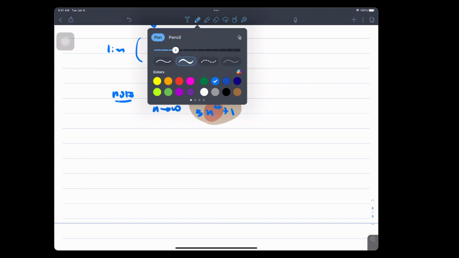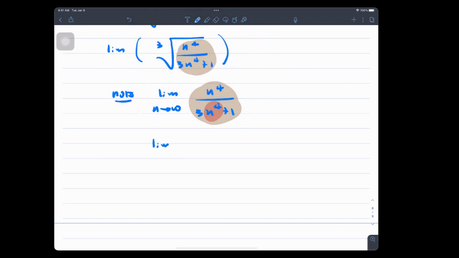Divide everything by the highest power down there. Limit n goes to infinity, 1 over 3 plus 1 over n to the 4th. And that equals 1/3. I believe so. Is that true?